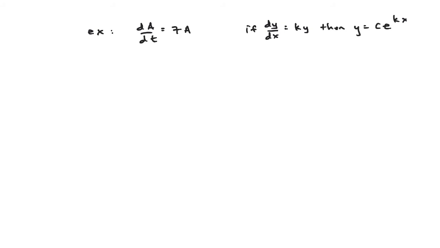In this case, y is like A, and t is like x. So my solution is that A is equal to c times e to the 7t.